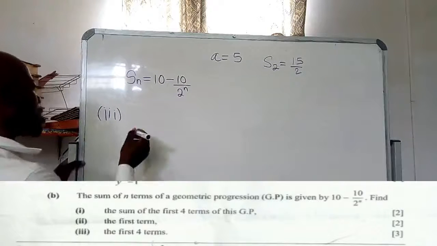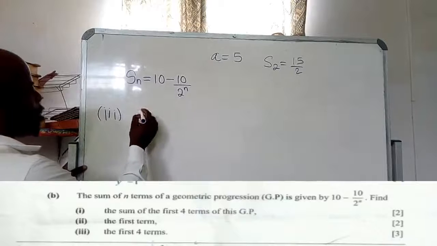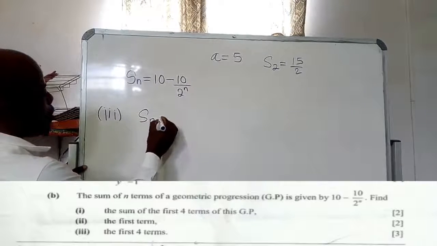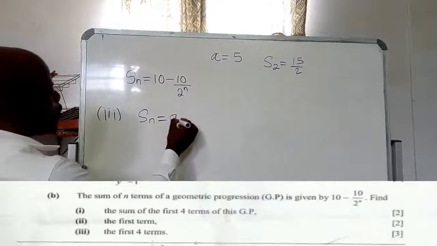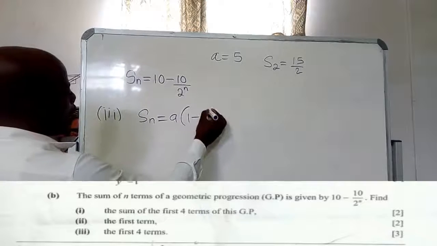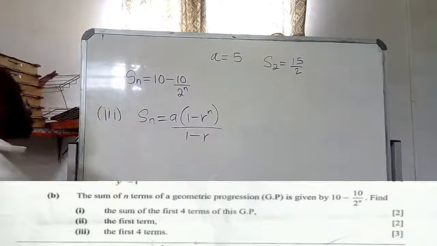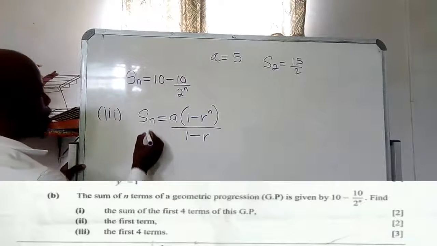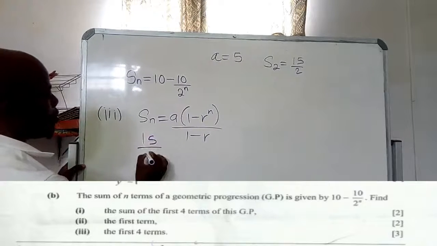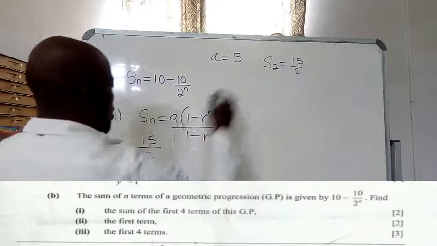For us to find the common ratio of this sequence, we are going to use the normal GP formula for finding sum. This formula you are given in the paper. Where there is sum, we put 15 over 2, the sum of two terms.